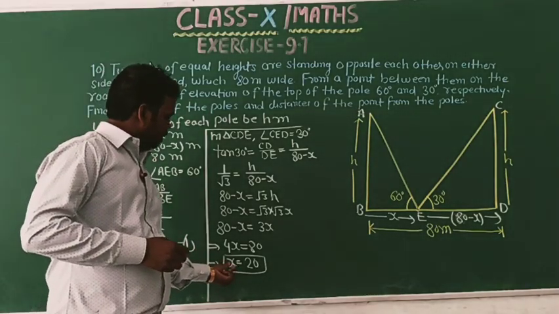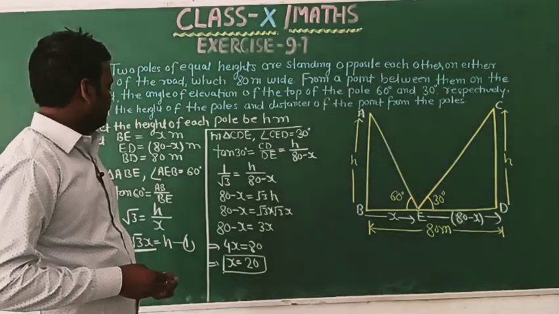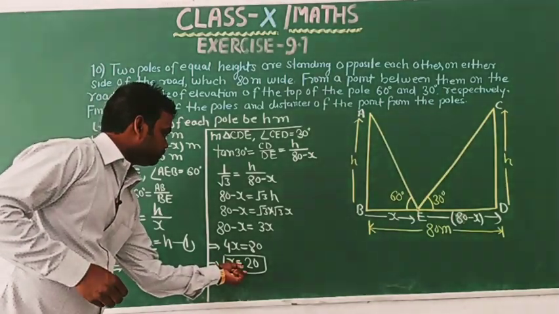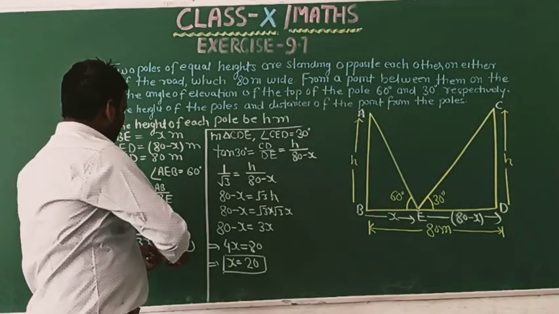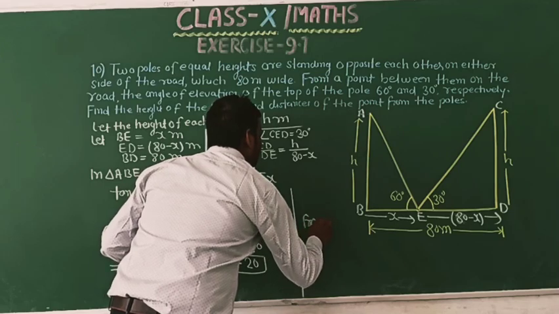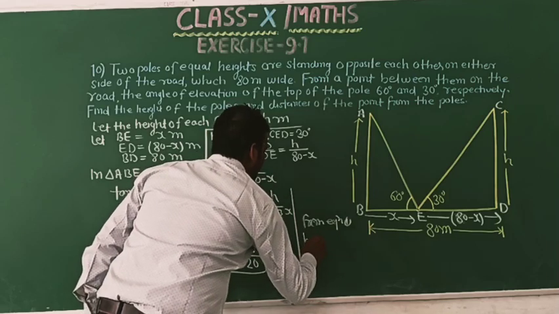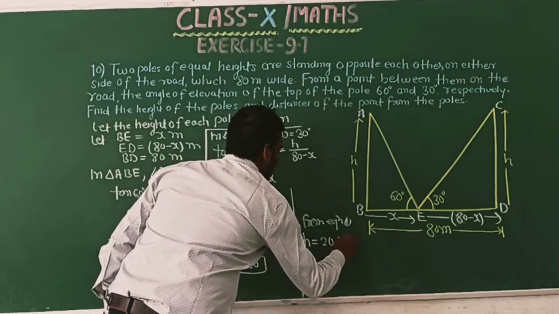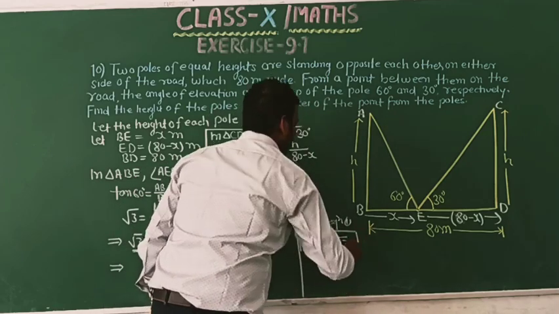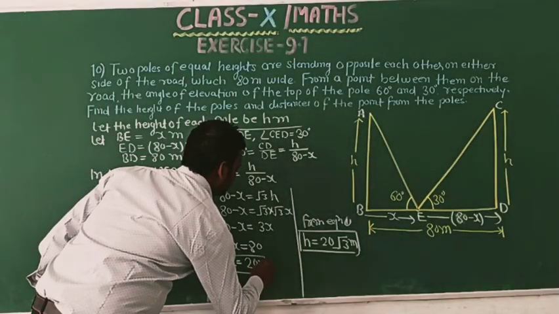So the value of x is equal to 20 meter, and now substituting the value of x, which is 20, in equation 1, we find the value of h equal to 20 root 3 meter, and x equal to 20 meter.